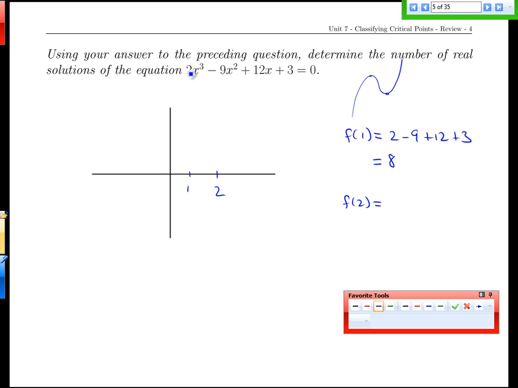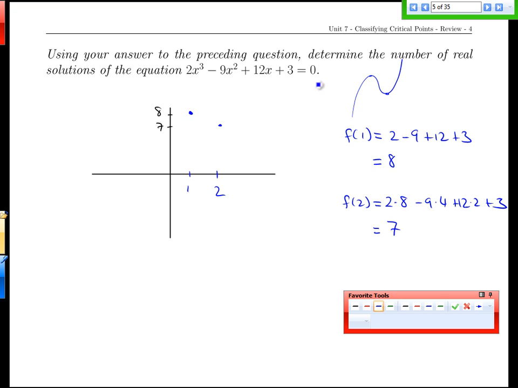And f of 2 will be 2 times 8 minus 9 times 4 plus 12 times 2 plus 3. And if we sort all that out, 16 minus 36 plus 24 plus 3, it's 7. So that tells us that the critical points we identified earlier are at 8 and then at 7.